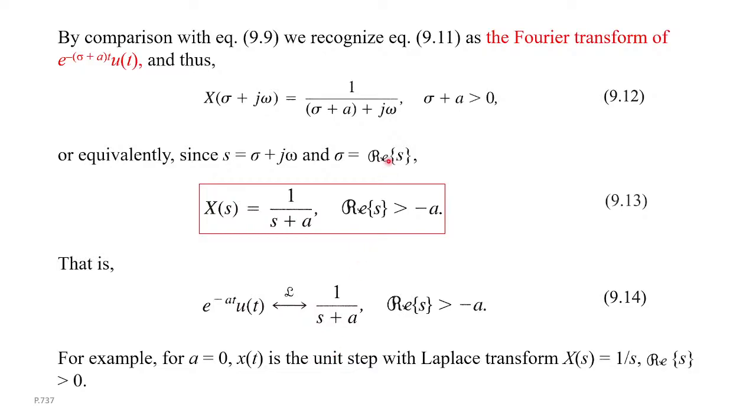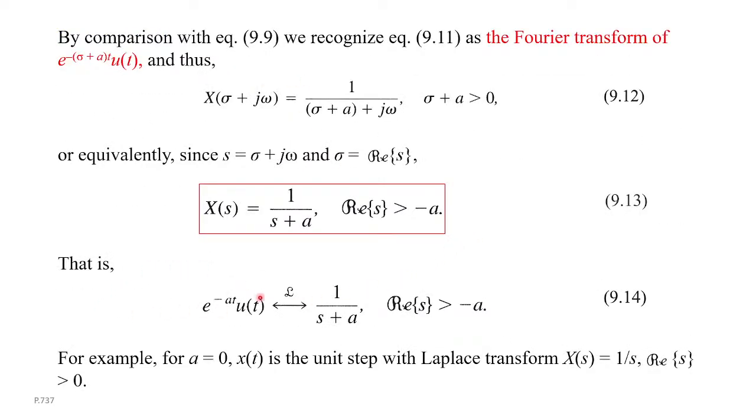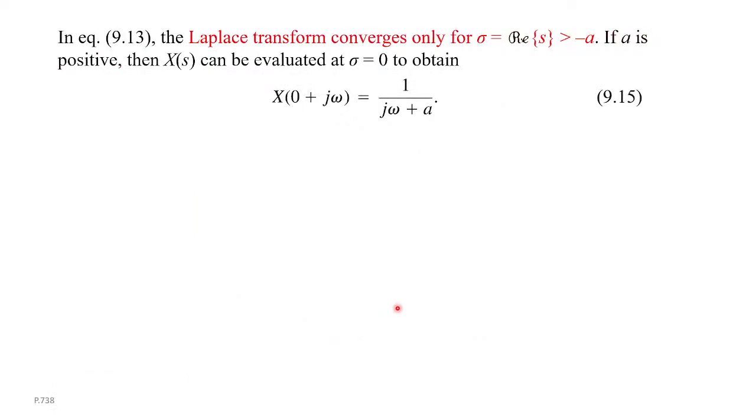So any questions so far about the Laplace transform of this decaying exponential? 1 over s plus a, but it's only true for the s that's bigger than minus a. Okay. And you can plug in a special value, so a equals 0, then your X is 1 over s, but that only happens when s is bigger than 0. Okay.